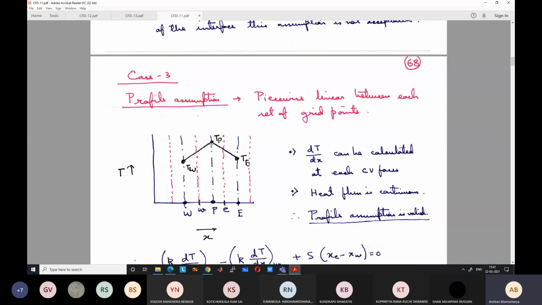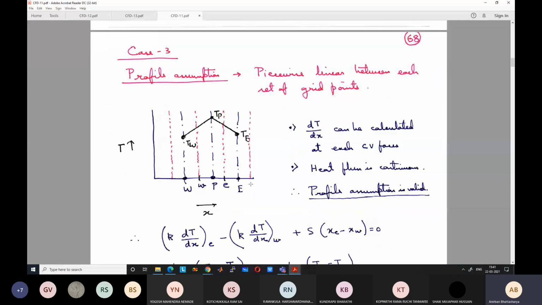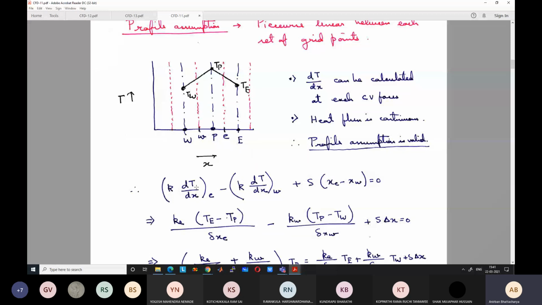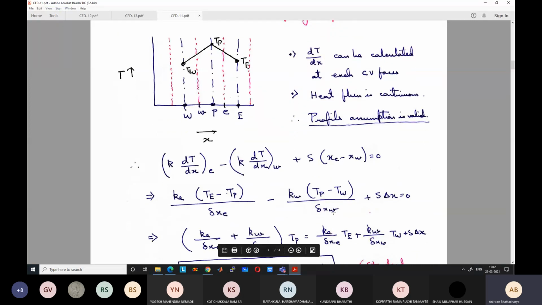Okay. So with this, k dT/dx at east can be represented as, basically, the slope: T at east minus T at P divided by delta xe, the distance between these two points, into k at the east interface. And similarly, this was kw times (TP minus TW) divided by delta xw, plus S into delta x, which is already there. And what about ke and kw, k small e and k small w?